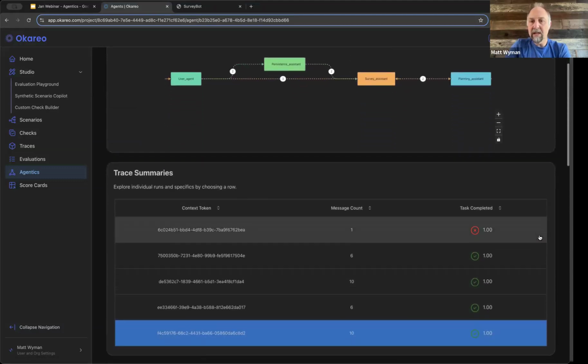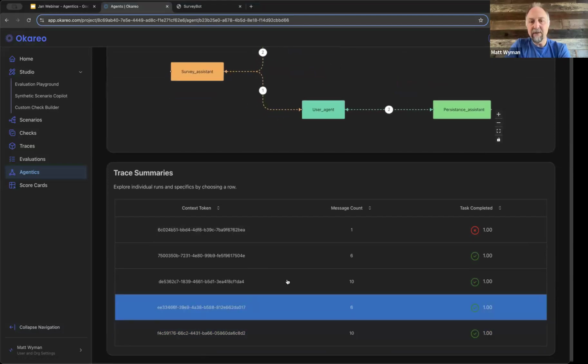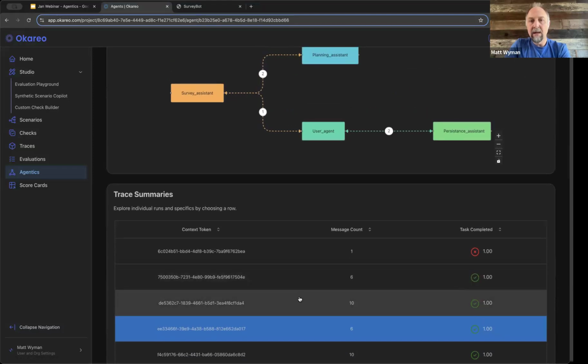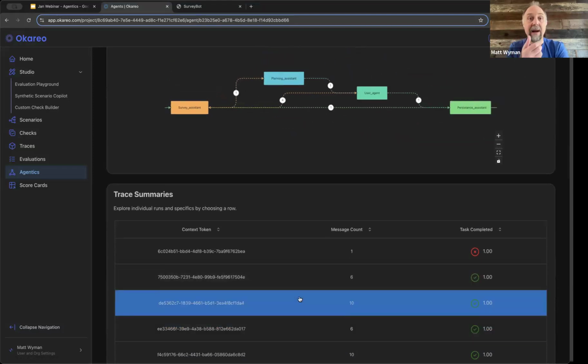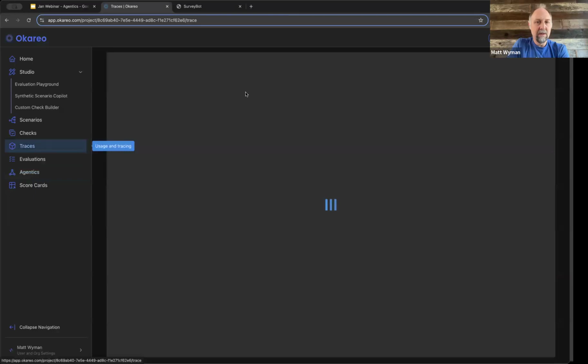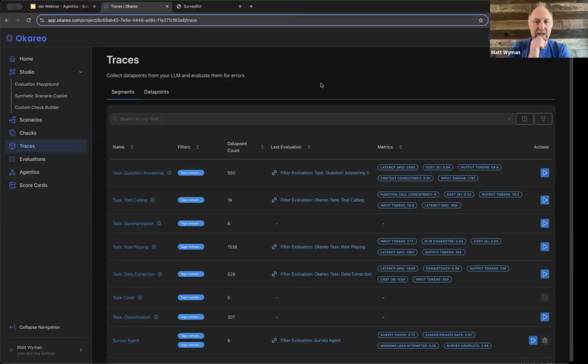One thing I'll call your attention to is you can see the pattern of conversation can actually differ pretty widely based on how people interact. This is an important part of understanding your agent network: although we might make pretty pictures of a nice little triangle of three agents and how they talk to each other, in the real world, when you actually simulate interaction, they don't always interact in the manner you might expect. So it's important to understand how the system actually operates. Let's jump into traces though, where the deeper debugging will begin for this particular topic.